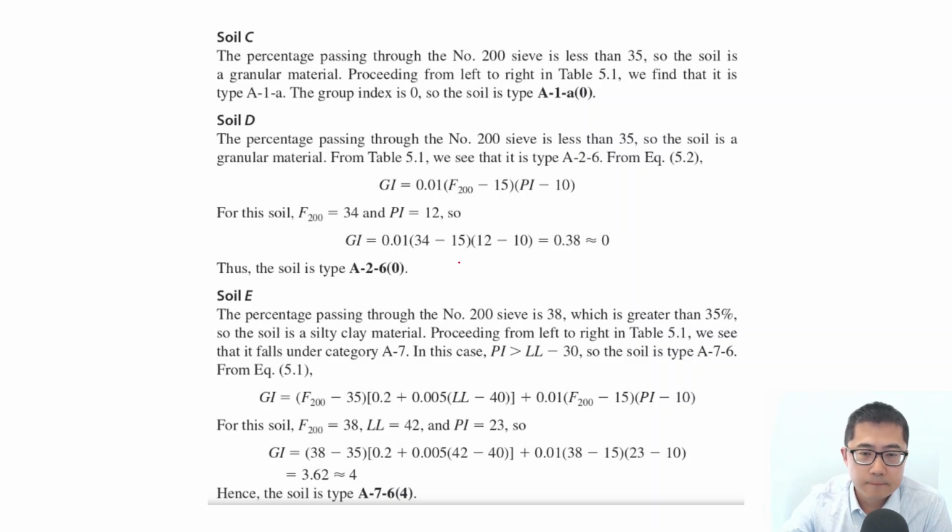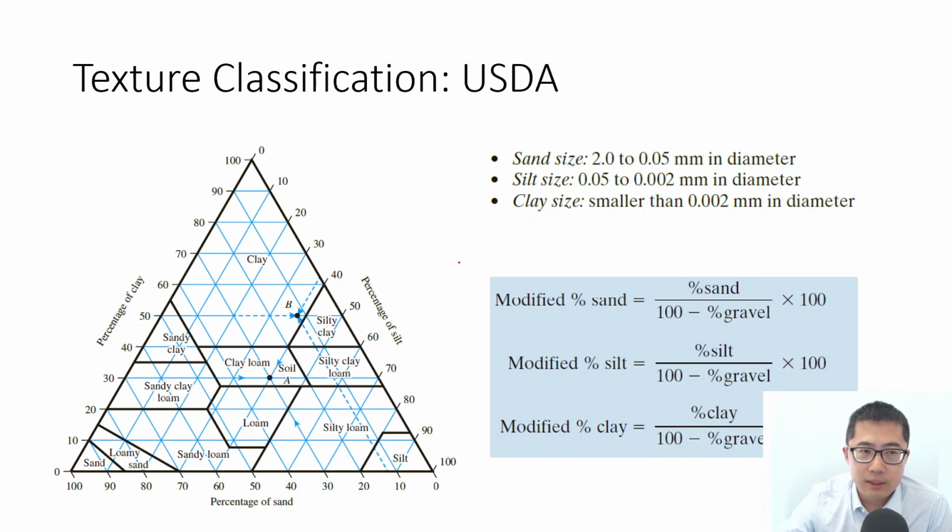coming Monday. Okay, so the last one is the USDA system. It's really a system that we don't use, but in case you have to use it somehow, here it is.